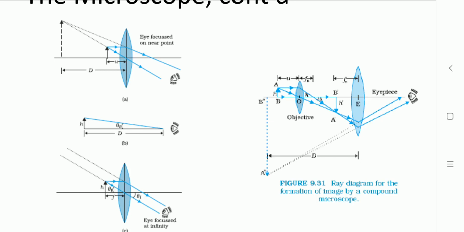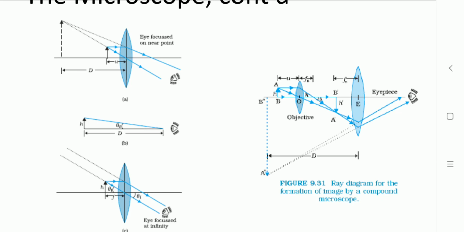So the object is at the distance f and the image is at infinity. If the object is at a distance slightly less than the focal length, then the image is virtual and closer than infinity.